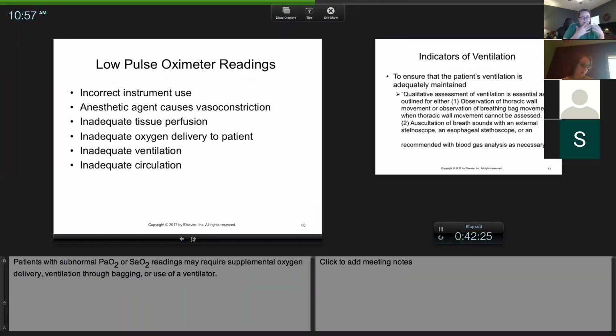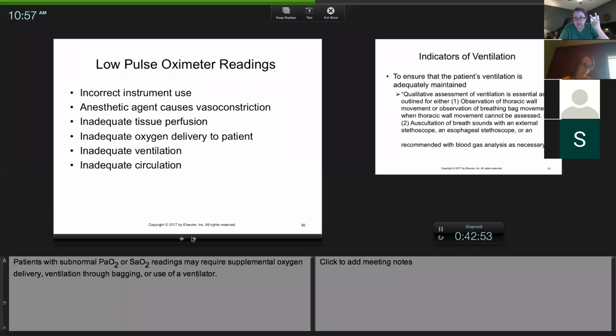A little tip is, when you first put it on, it takes a minute or two to get a reading. I don't panic right away. Give it a second and see what the number comes back at. So be familiar with equipment issues and patient issues, but if the reading is still crappy, check the probe.